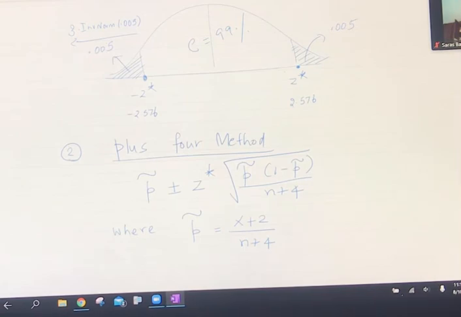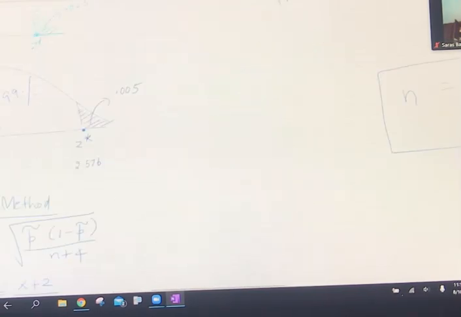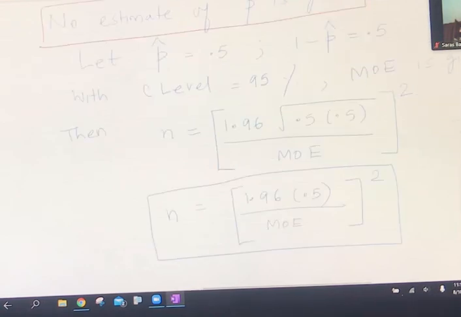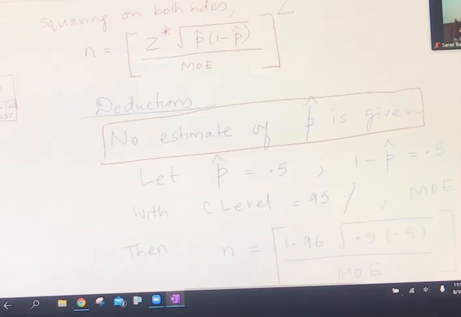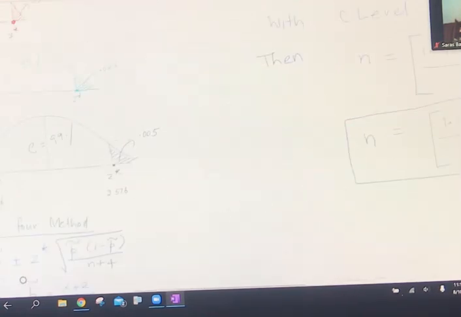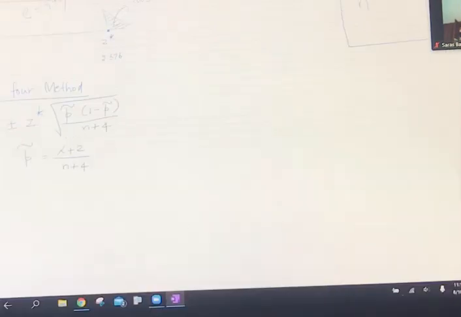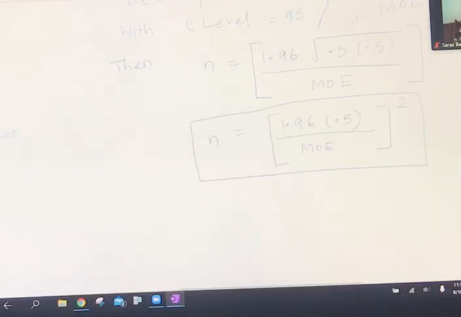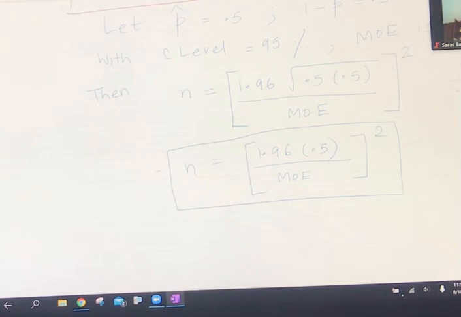And the third formula that we have seen is how to get the sample size. So n is equal to this. These are all the three formulas that we have seen.